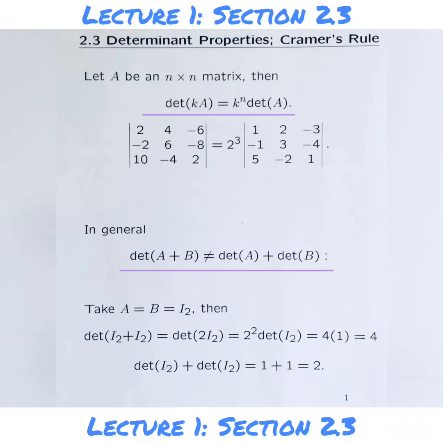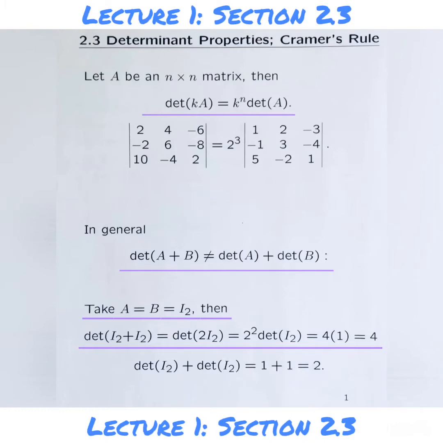If you take two matrices and set them both equal to the 2 by 2 identity matrix, and then take the determinant of the sum of the two matrices, then applying that identity, we get that the determinant of 2 times the 2 by 2 identity matrix is simply 4 times the determinant of the identity matrix.